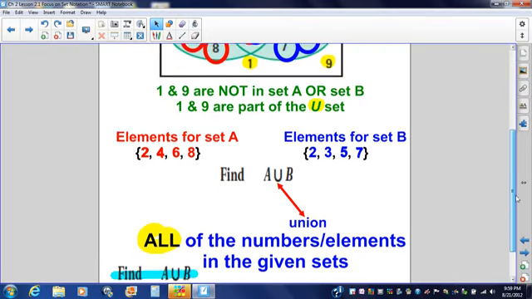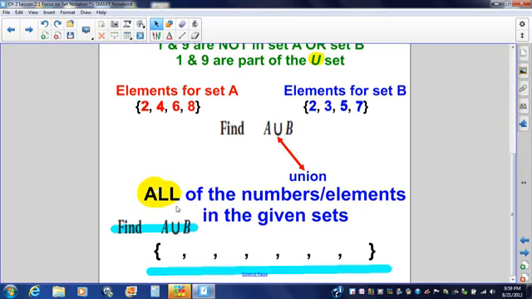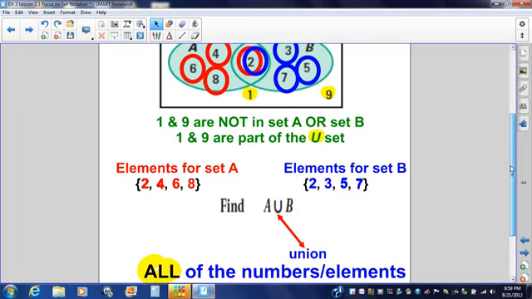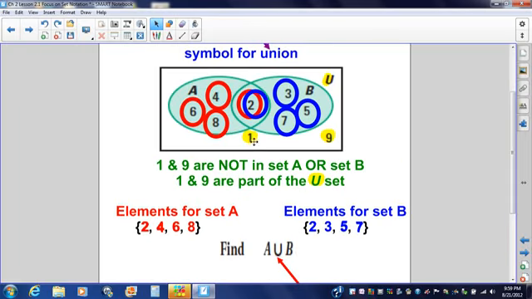If we want to find the union, that is all of the numbers. So let's take all of these elements or numbers. So we have a 2, and we have another 2. There's no reason to write it twice, nor is there a reason to write 22, because I do not see the number 22 up here in the box.